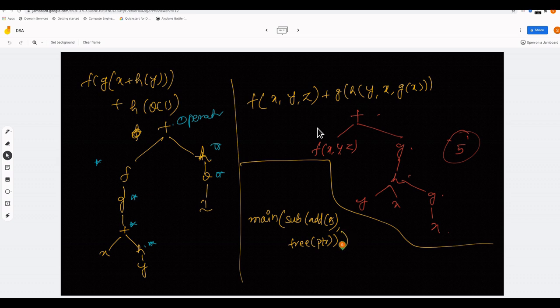I think this is good enough. Can you read this and make the tree? I think it's pretty simple and trivial. How many operators are there?